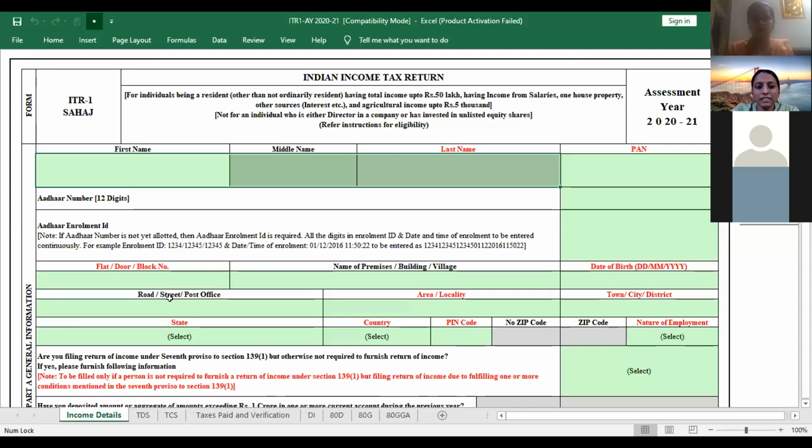Now, in this case, since she is employed also and she is doing business also, it is very clear that for ITR 1 you should be salaried only, and there is only one house property and some other sources. If you have income from business, ITR 1 is not the option for you. You have to go for ITR 4 or 5. So ITR 5, as she was already doing, I think that is the one. Maybe they can go with it.